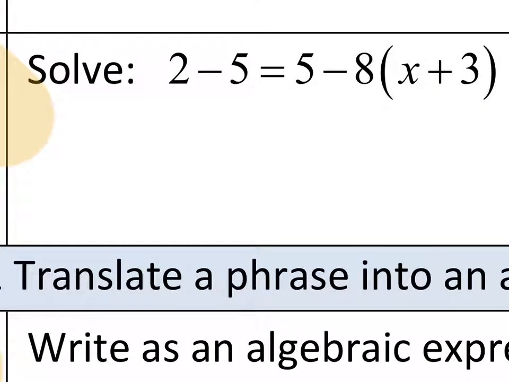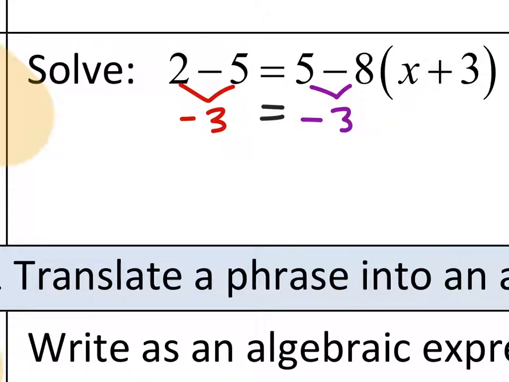So here's a common mistake that I see on these types of problems. We got 2 minus 5, that's all good. We got 2 minus 5, which is negative 3. The problem that we run into is we do 5 minus 8 here, which of course is, well, this is still negative 3.